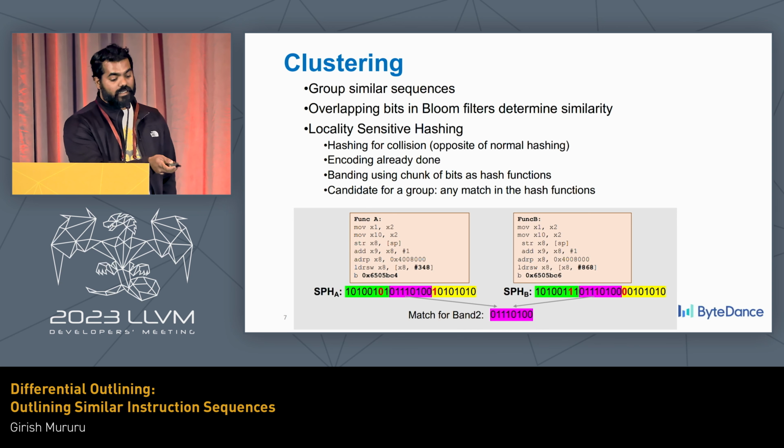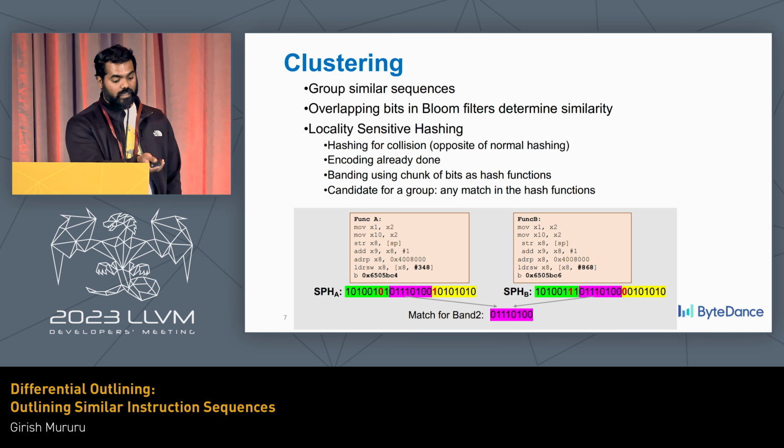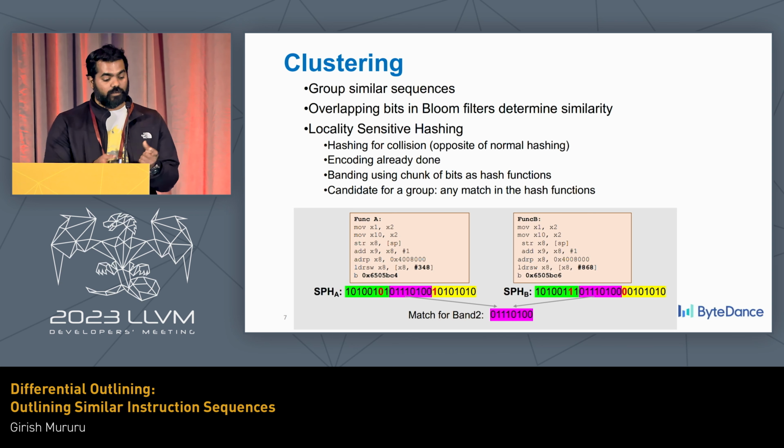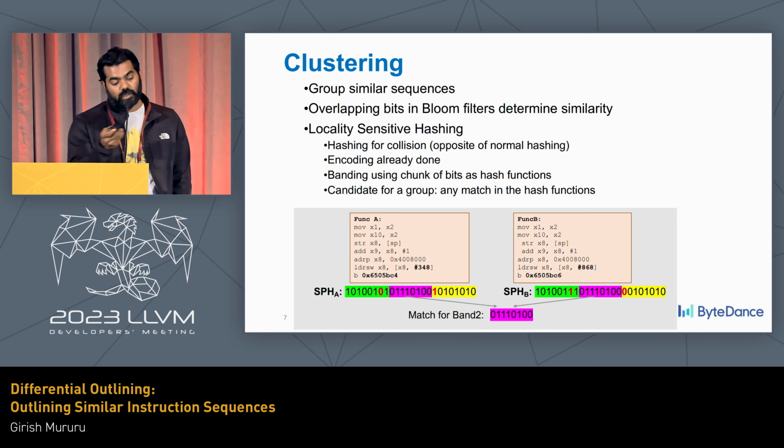For example, in the same sequence, function A and function B, we divide the encoding into 3 parts, and we see that one of the bands matches. So if at least one of these bands matches, then it's a possible candidate for having similar instructions. And we can then move on to comparing it instruction by instruction.